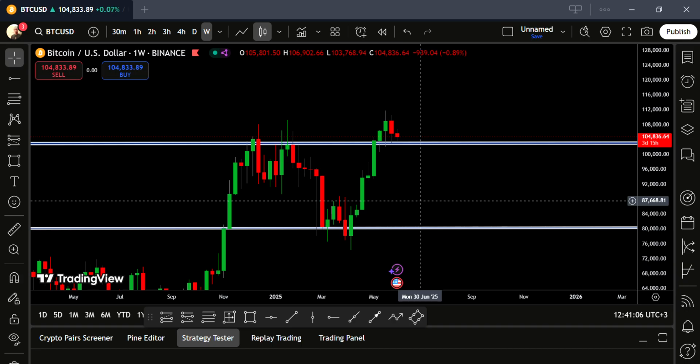Because you entered in the wrong zone. But with demand and supply, you know where to enter from, and you know that if the trade goes beyond this area, then it is no longer in my favor, so I would want to be out. So you'll be able to get out with minimal risk or a minimal loss on that trade. So that is what we do here: top-down analysis, demand and supply for precise entries.